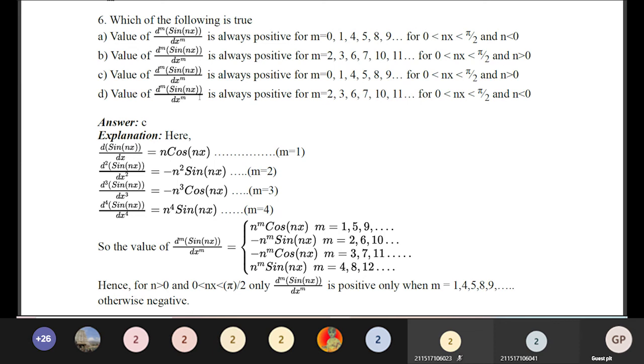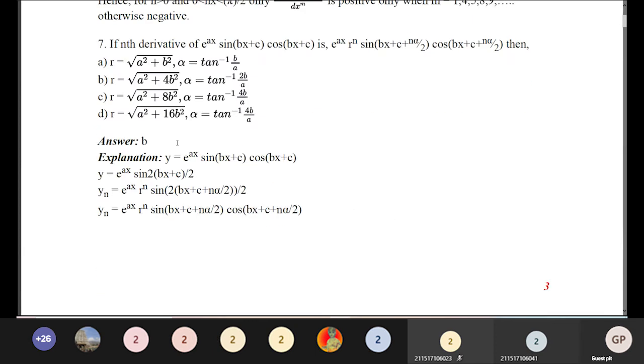Looking like a lengthy problem, but it will be a very good practice problem. The answer for this problem is C. Next problem, nth derivative. Again and again we are discussing nth derivative, so you take the remaining nth derivative problems as practice problems.